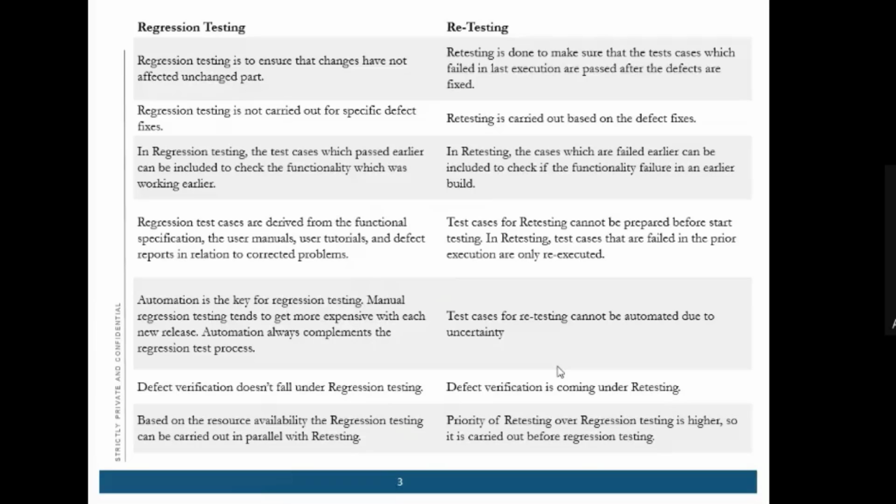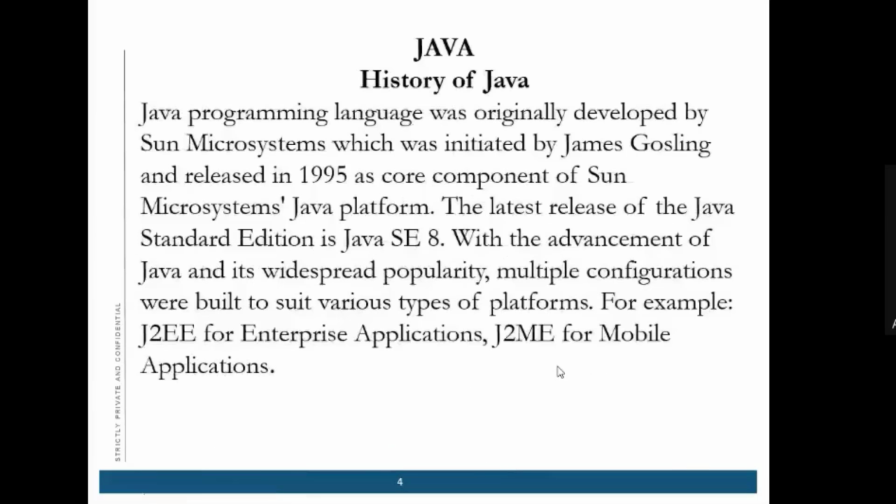Yes, Shruti. Okay, so we will go further and we will learn about Java. As today's session is about Java, I will tell you a brief history of Java. The Java programming language was originally developed by Sun Microsystems, initiated by James Gosling, and released in 1995 as a core component of the Sun Microsystems Java platform.